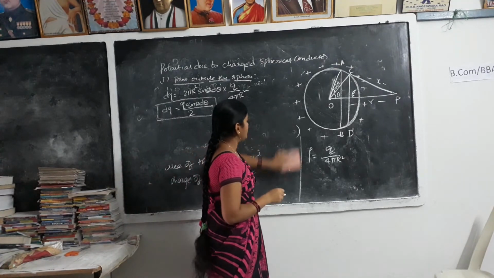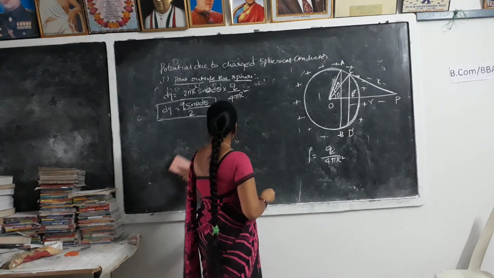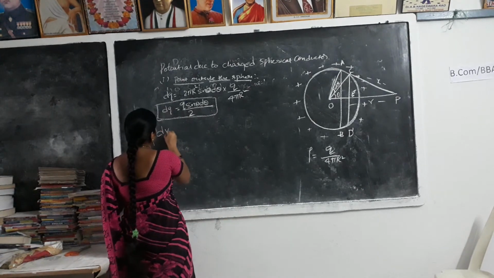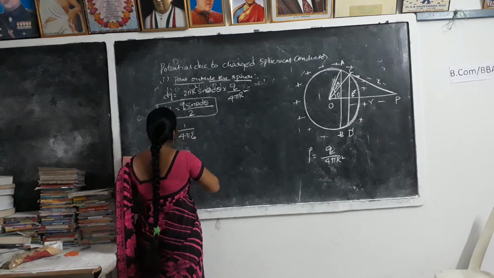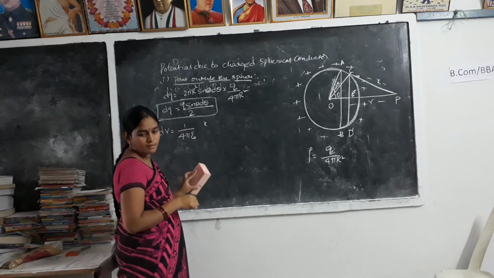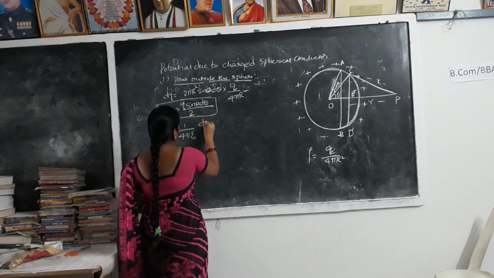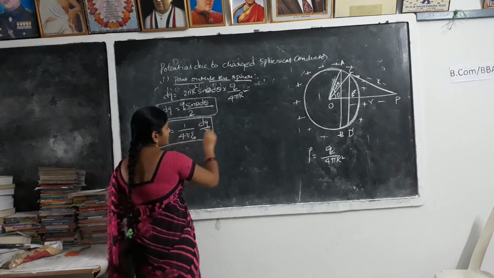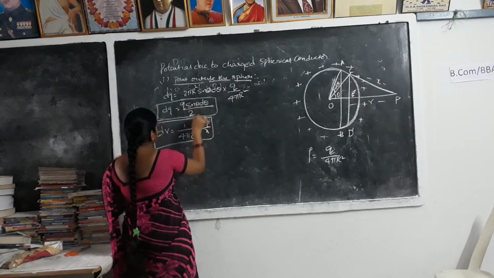Now we consider the potential at P. For that we have one equation, dV equals 1 by 4 pi epsilon times dq by small x. So in order to calculate the potential at P we have this equation. Then substitute dq in this.